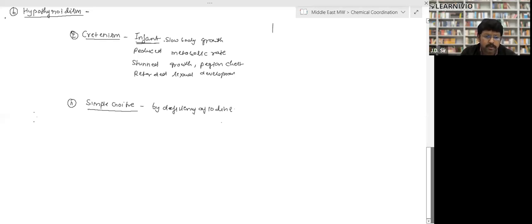So those people indirectly always take iodine, hence iodine deficiency never occurs in people living in coastal areas. Basically, this disease is widely prevalent in Rajasthan and Haryana. Please note it down.